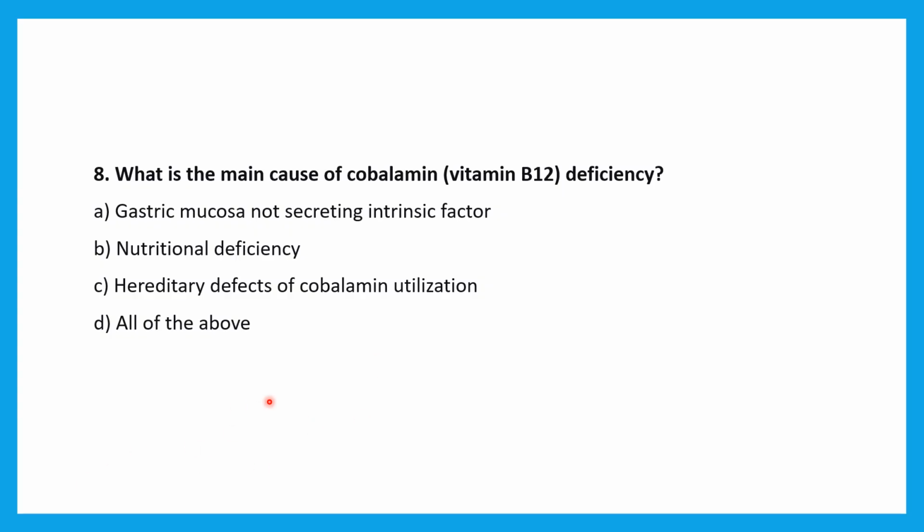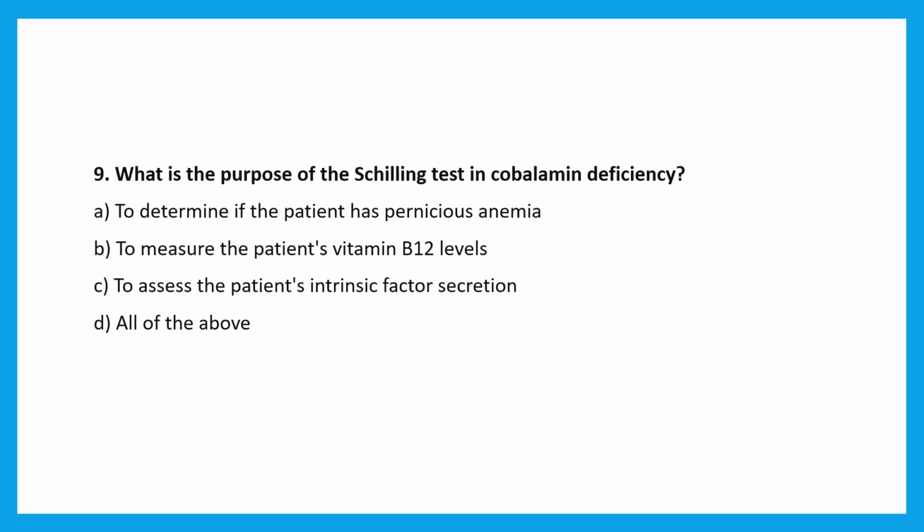Or 3, it can arise from a rare hereditary defect that can affect its utilization, and therefore D is the correct answer. All of the above are the main cause of cobalamin deficiency. So D is the correct answer that we pick from question number 8.